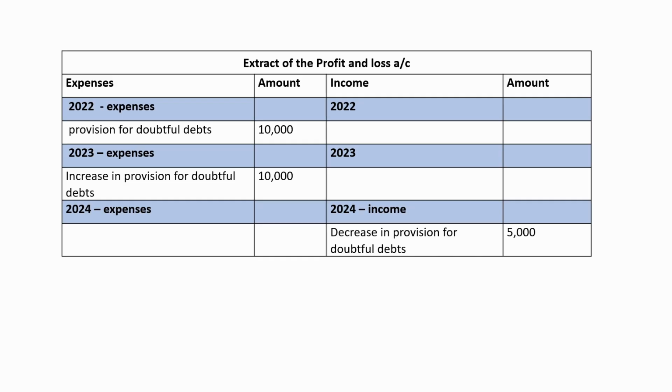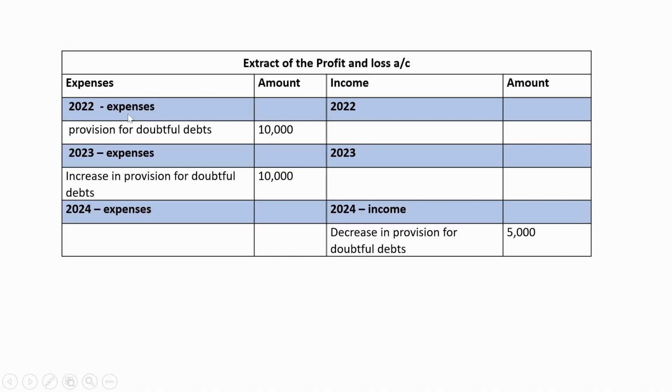You are supposed to show the classification. Extract means you show the part that you are interested in. You're not interested in the whole profit and loss, just the part that you are interested in. So once you write the year, you write here expenses to show that you are classifying this item as an expense.